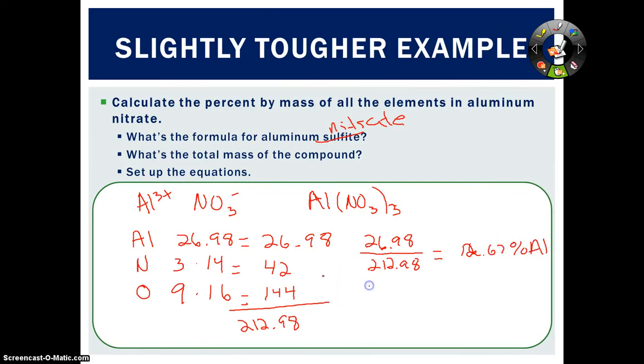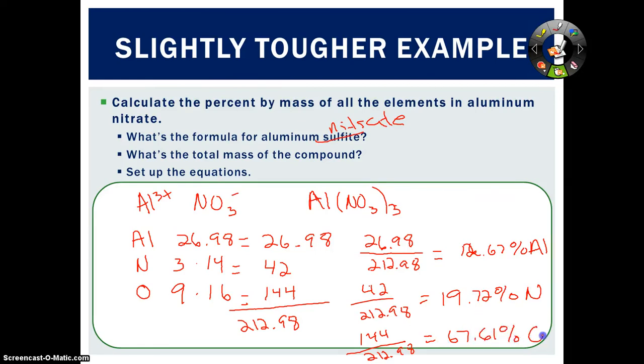For nitrogen, I use 42 divided by 212.98 gives me 19.72% nitrogen, and then oxygen 144 divided by 212.98 gives me 67.61% oxygen.